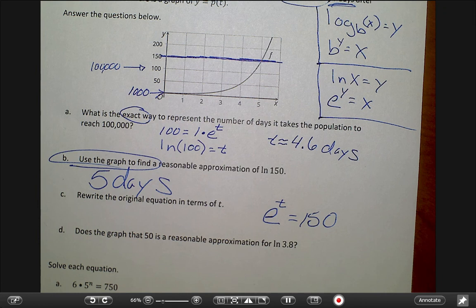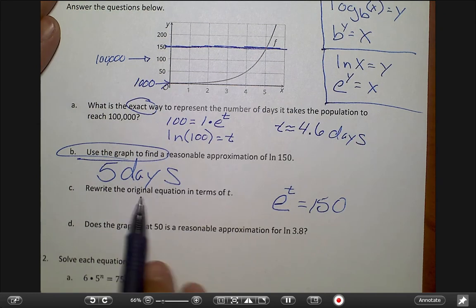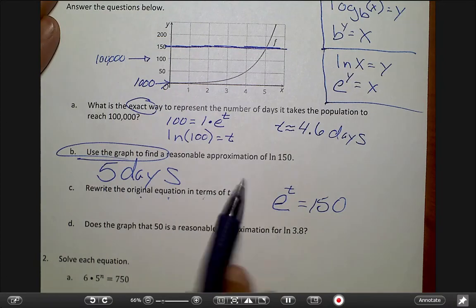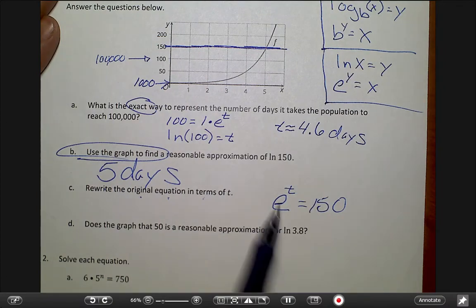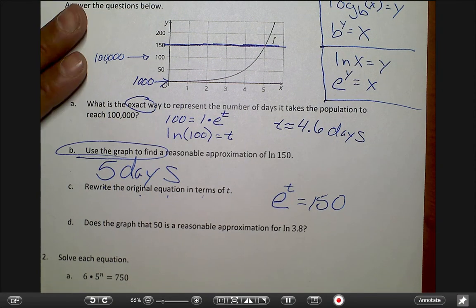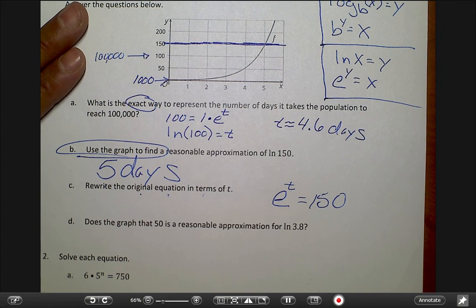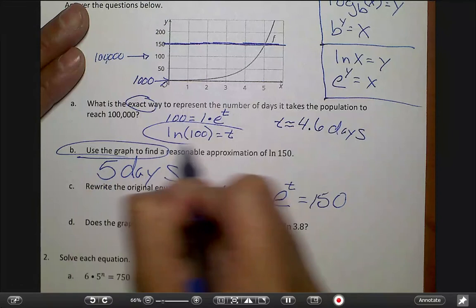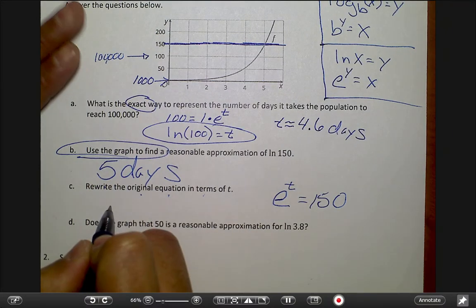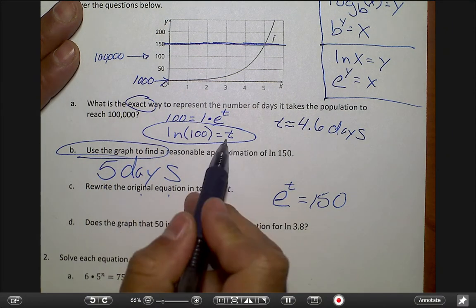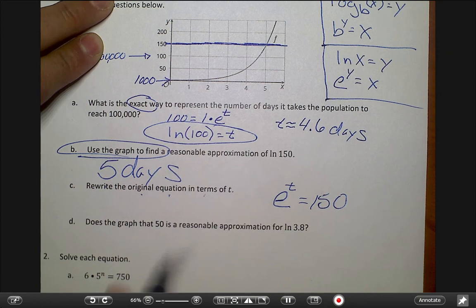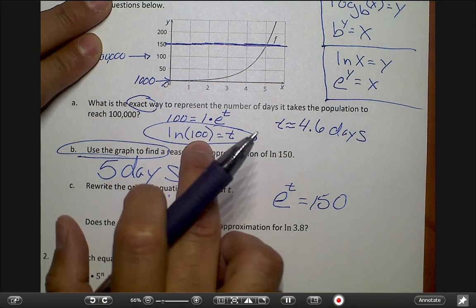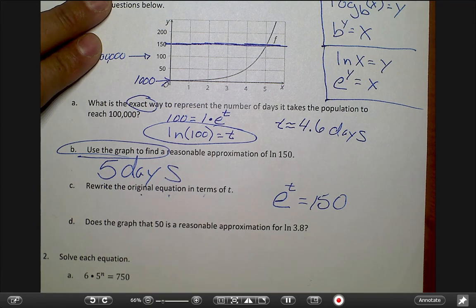All right. This next one says rewrite the original equation in terms of t. So the original equation, we're going to ln the original equation. It's going to look a whole lot like this, but now my x value, what am I plugging in here?